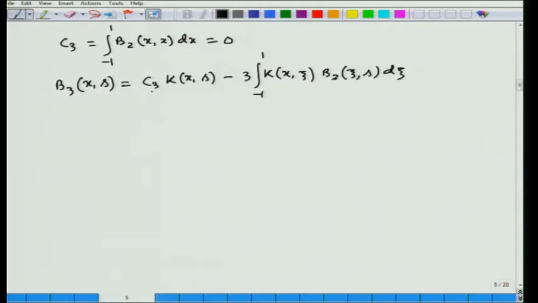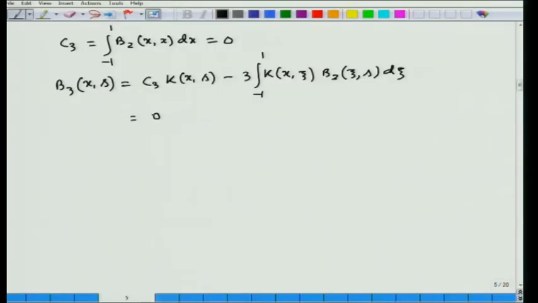Now, this C3 is equal to 0 and B2(ξ, s) is equal to 0. So, you will have B3 equal to 0, and therefore, you can easily understand that C4, C5 and so on, these constants should be identically equal to 0.